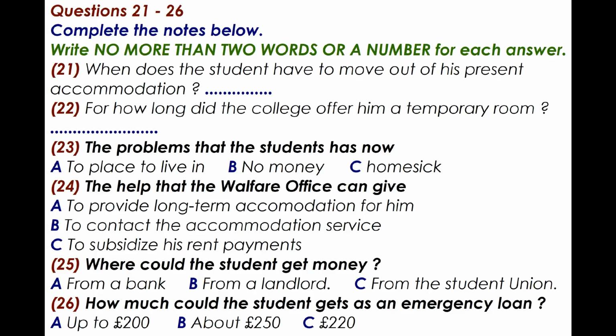Now turn to Part 3. Part 3. You will hear a conversation between Caesar and a welfare officer. As you listen, answer questions 11 to 20. First, you have some time to look at questions 21 to 26.